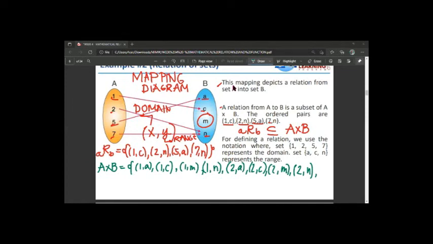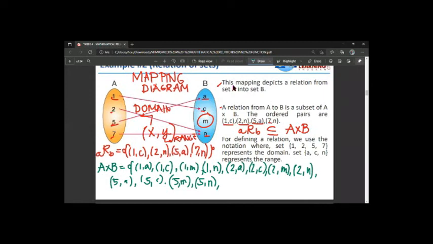Now let's go with 5. So 5, we'll just continue here. 5, comma A. Then 5, comma C. Then 5, comma M. And then 5, comma N. Now we're done with 5.